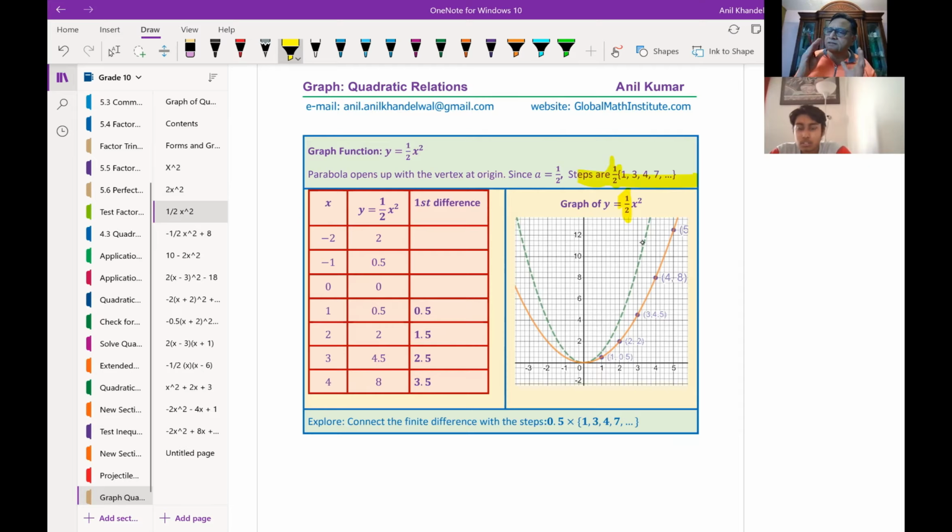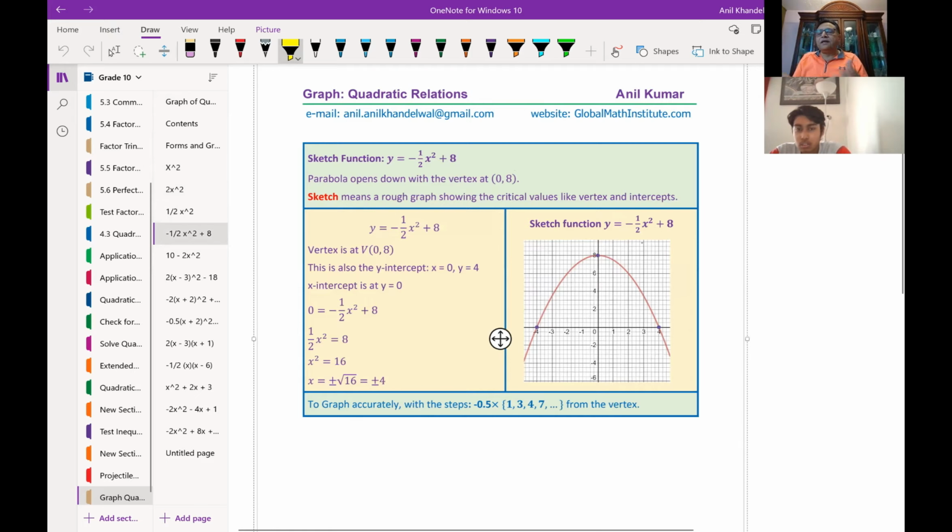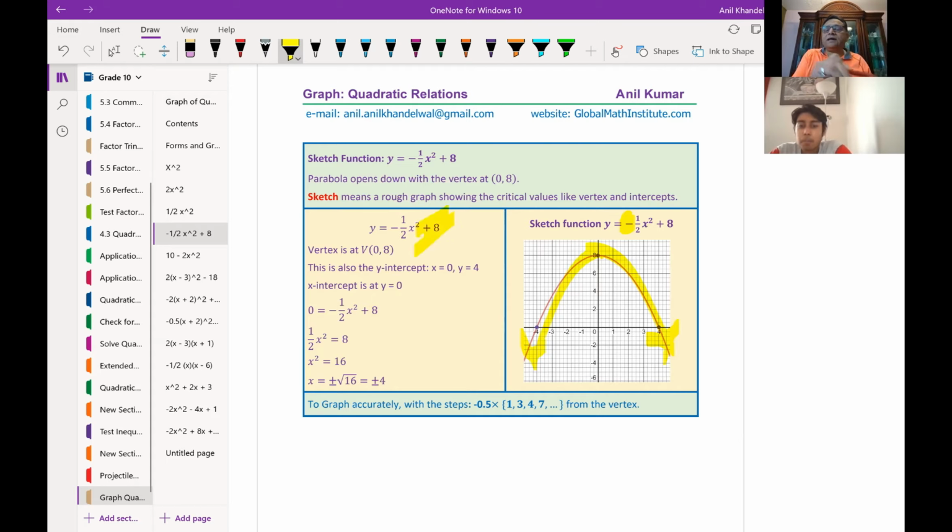So it is good to understand how the graph is going to look, and we'll get into details soon. And this is what happens when a is negative. If a is negative, it opens downwards as shown here, correct? Plus, we have a number, plus 8, translated 8 units up. Do you see that? Translated 8 units up and then opening downwards.